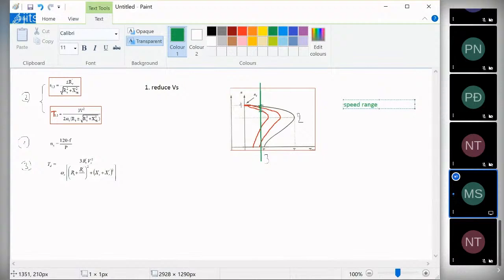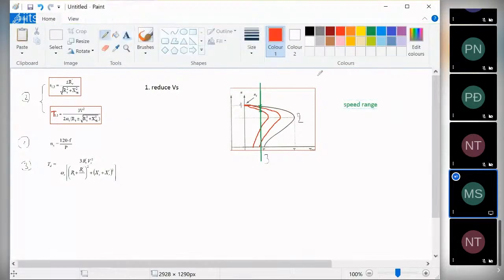You see that the speed range is very small, and when you reduce the voltage supply like this, we have the artificial response like this.